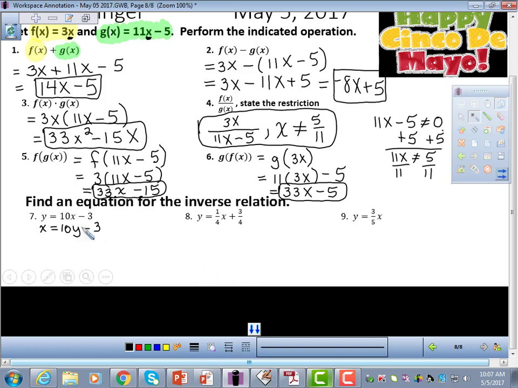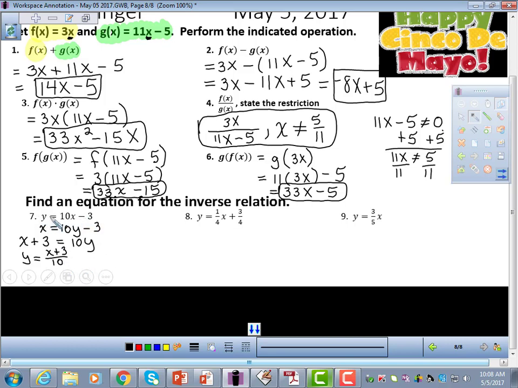I need to isolate y. So what do I need to do to both sides here? Okay. So I have x plus 3 is equal to 10y. And then? So now I have y equals x plus 3 divided by 10.